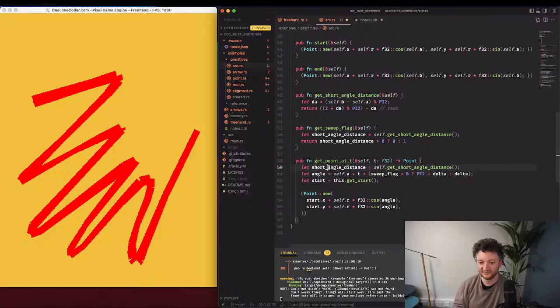And I guess we don't really need the sweep flag. We can just look at this. If the short angle distance is greater than 0, then we add pi 2 to the delta. Otherwise, we just use the delta, and that's the angle. And again, that's basically just self A minus self B minus self A, but they might be switched around.